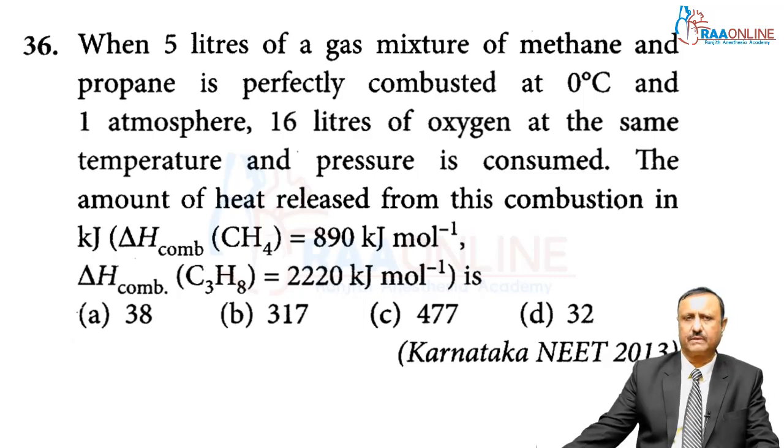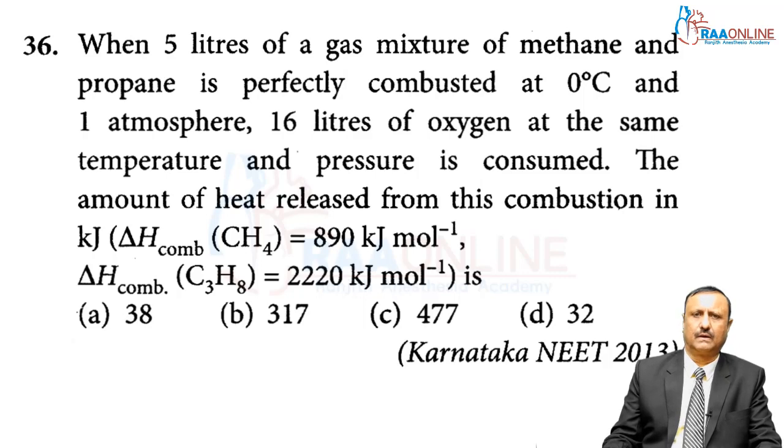My dear students, question number 36 is a slightly lengthy question, but it was asked in NEET 2013. Two gases are there, methane and propane. The pressure is 1 atmosphere, the mixture volume is 5 liter and 16 liter of oxygen is added, which is consumed by the methane and propane.